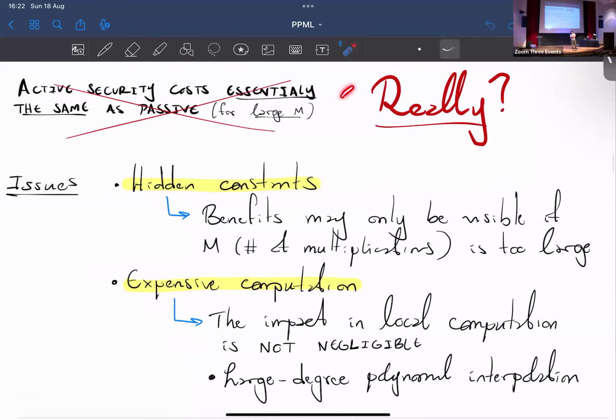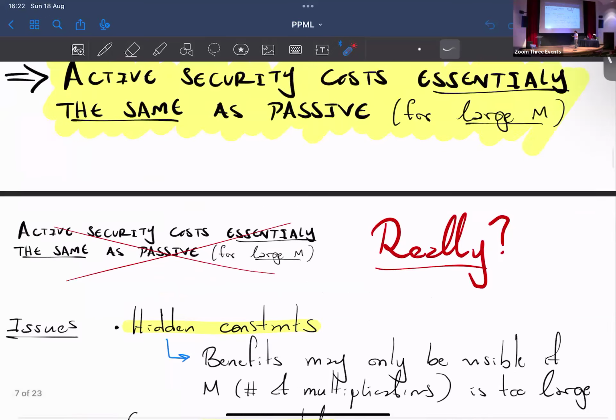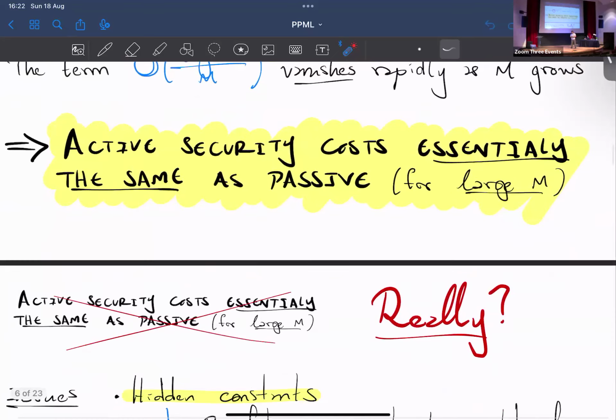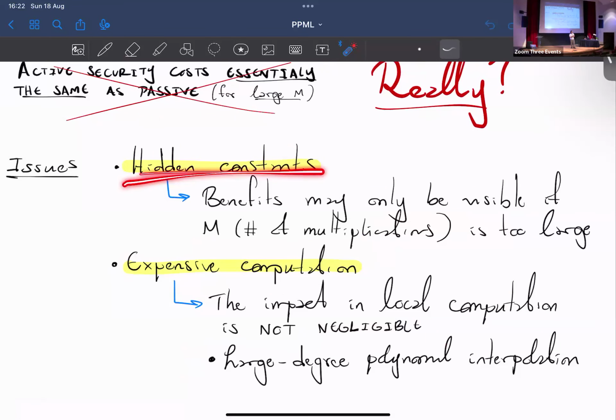Okay, but I want to challenge that perspective. I want to really ask if it's true that active security costs the same as passive security. And there are several issues with this type of claim, as usual whenever you have O notation. So first, there are hidden constants. I cannot tell you off the top of my head what the hidden constant here is, but it's definitely not negligible. You have to acknowledge it, and if the circuit is not large enough, maybe the extra cost of active security is actually not that small.